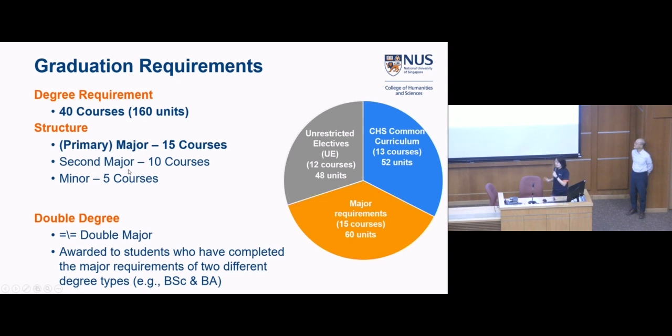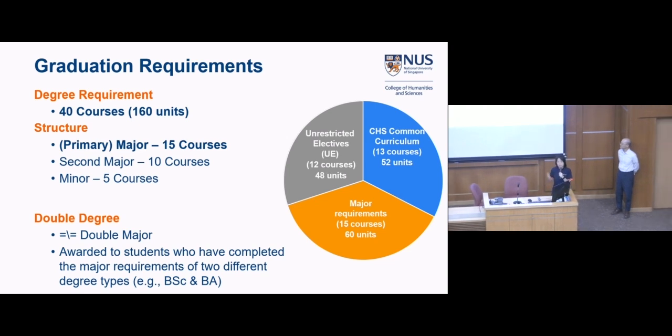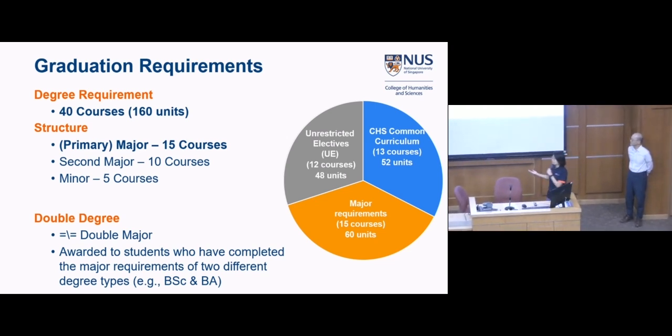But it's not the same as double degree. For double degree, you will need to read one primary major leading to a degree type, such as Bachelor of Social Science, and then another primary major leads to another degree type, such as Bachelor of Arts. So those are different. But we'll have more slides about double major later on, okay? So we'll look at that later.